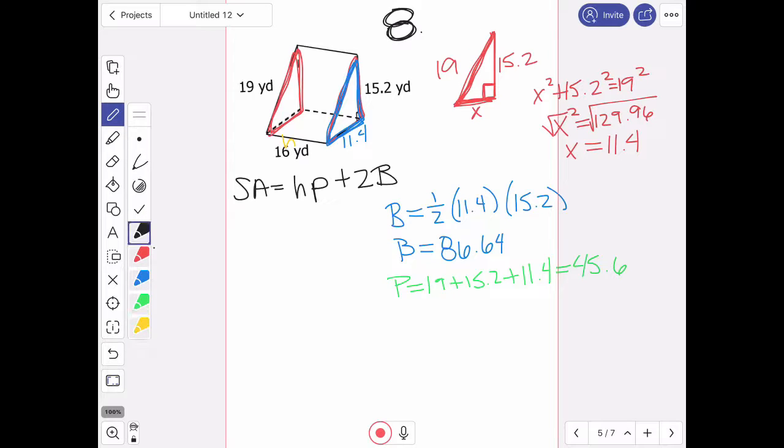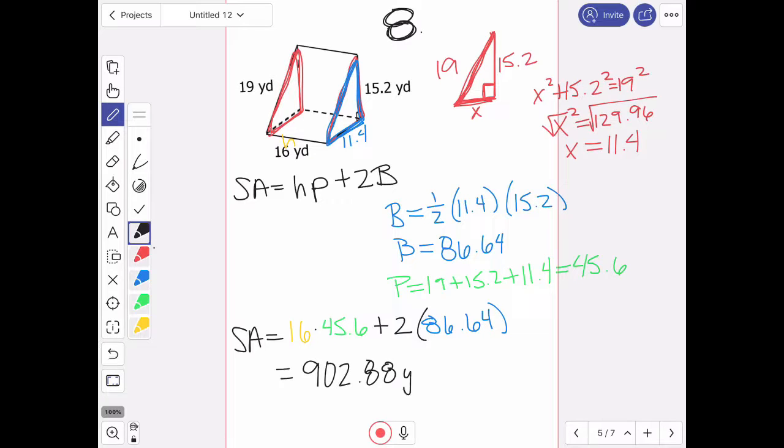So my surface area formula is going to be 16 times 45.6 plus 2 times my base area. My base was the triangle, 86.64. And so my surface area comes out to be 902.88 yards squared.